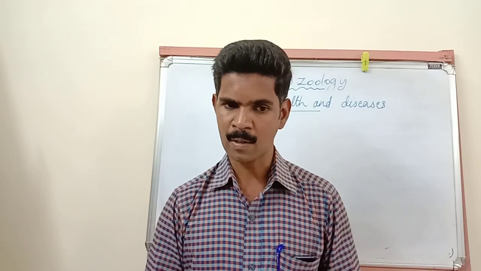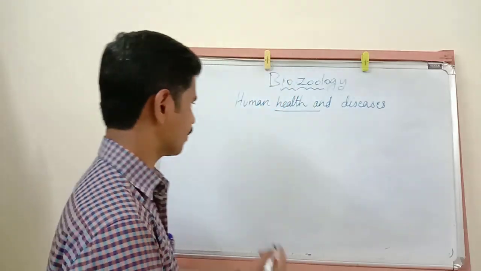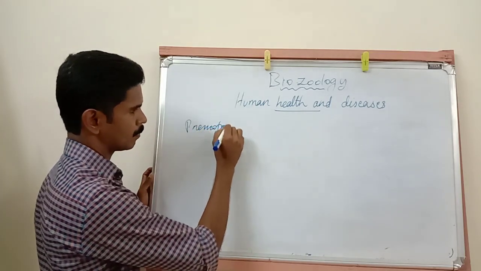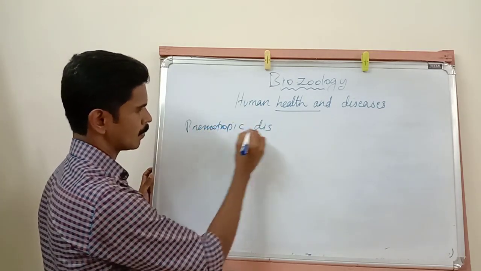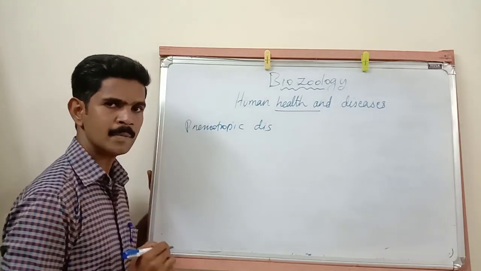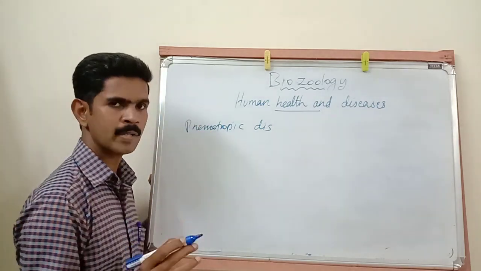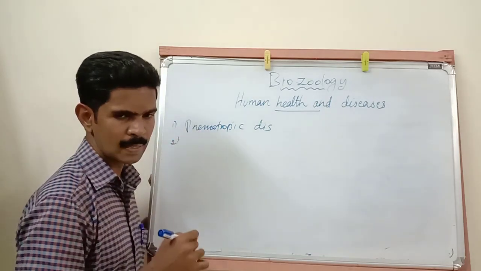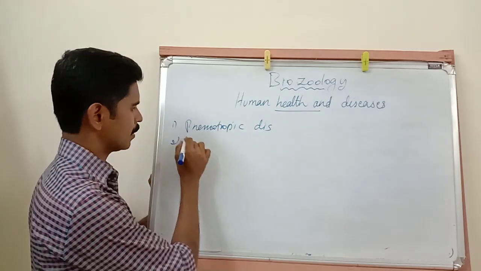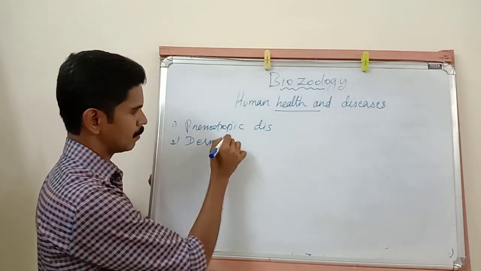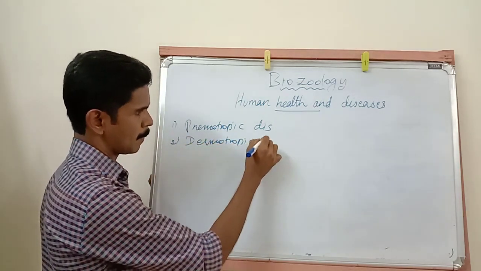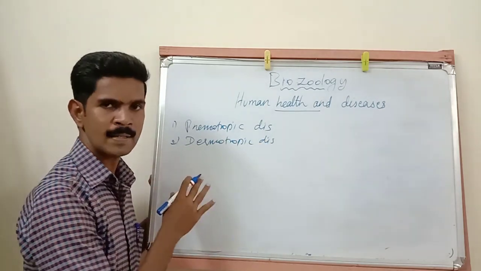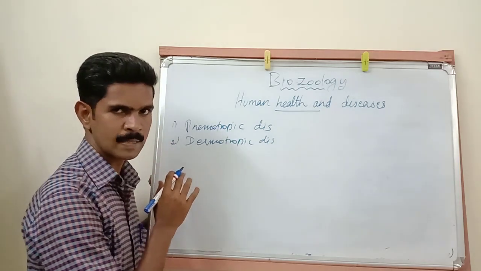The first type is called pneumotrophic disease. Then the second one is called dermotrophic disease.